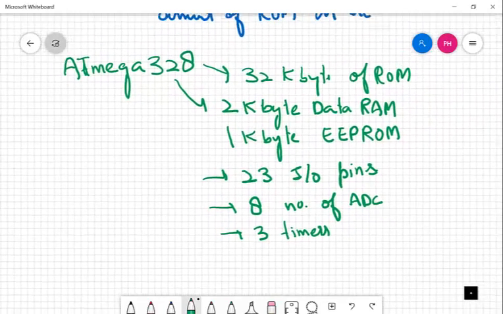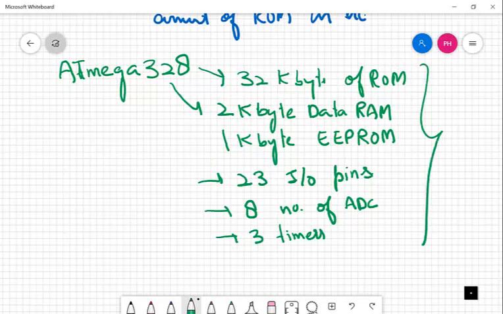So this is the basic information about ATmega328: 32 kilobytes of ROM, 2 kilobytes and 1 kilobyte of data RAM and EEPROM respectively, 23 IO pins, 8 ADCs and 3 timers.